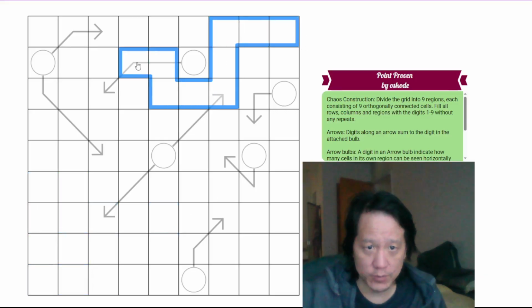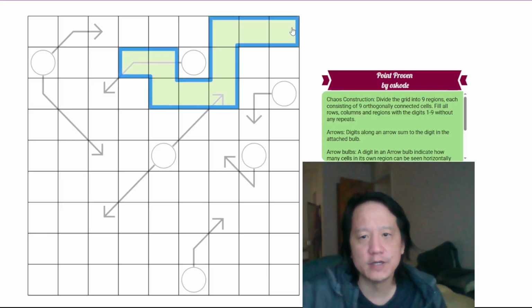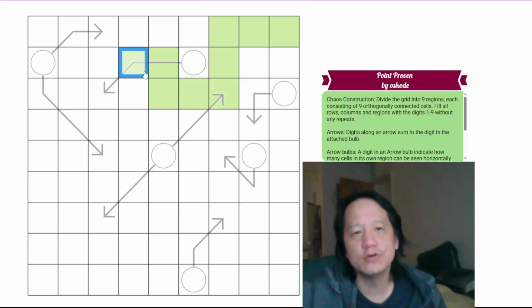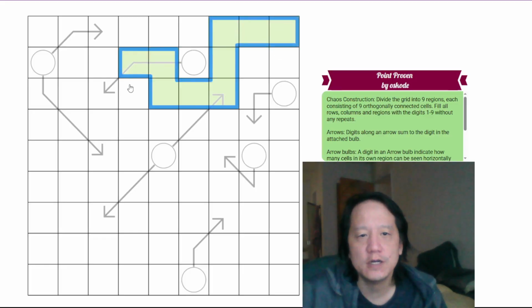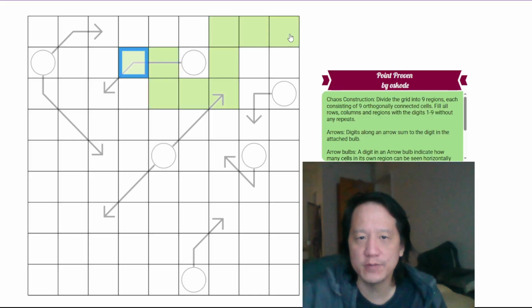So, for example, this could be a valid 9-cell region because it's all orthogonally connected, which means you can get from any cell in the region to any other cell in the region just by going through edges, all while staying within the region. To get from here to here, you just go through edges this way.